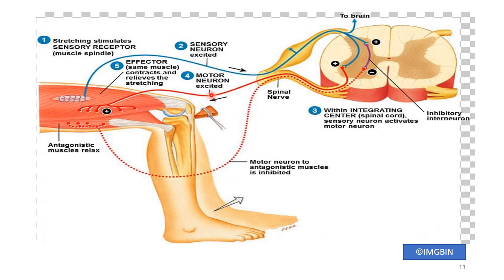Side by side, the impulses also go to an inhibitory interneuron, which inhibits the antagonistic muscle, so the antagonistic muscle relaxes instead of contracting. So whenever we strike the patellar tendon or quadriceps femoris tendon, the response is the jerking forward of the leg or knee, and this is the positive knee jerk.